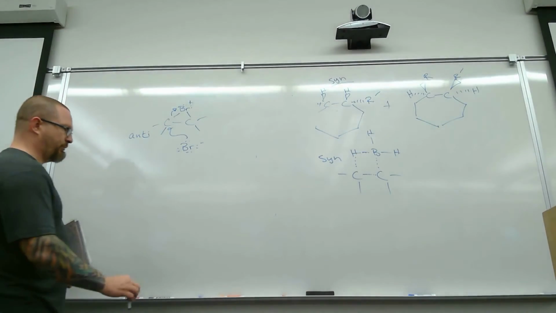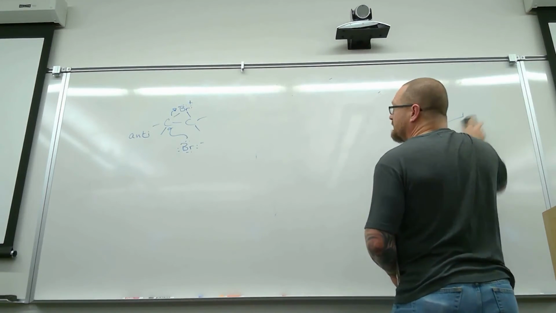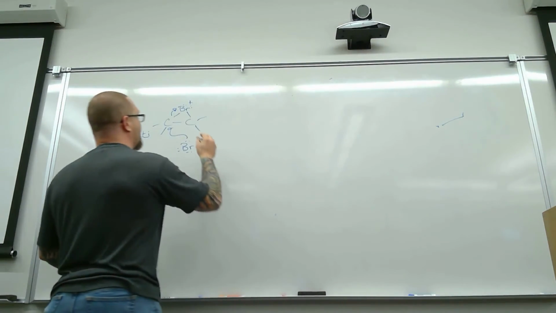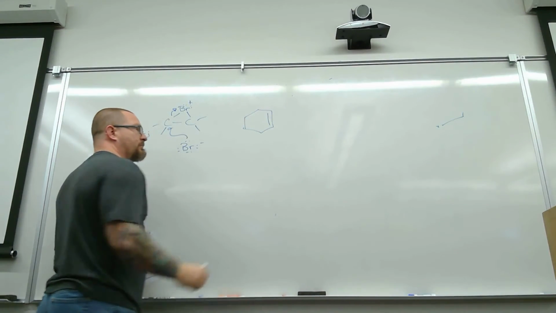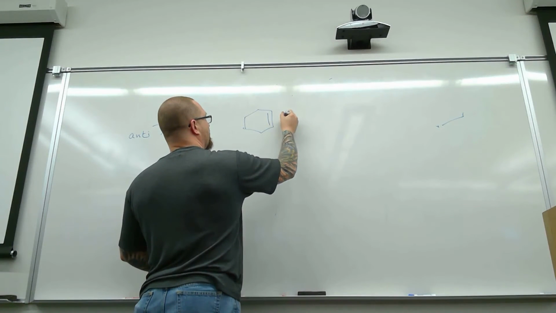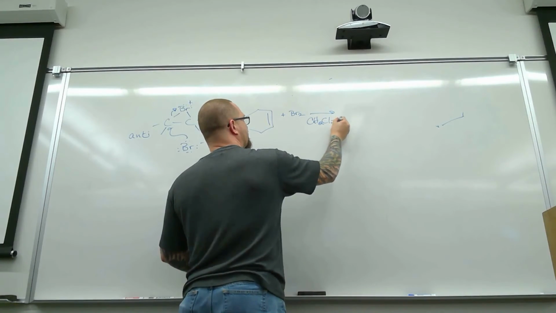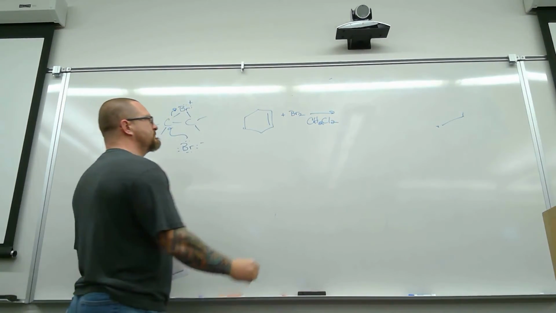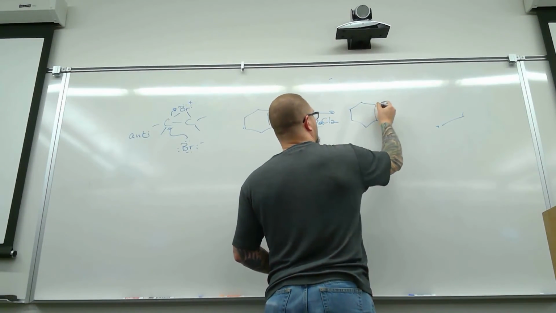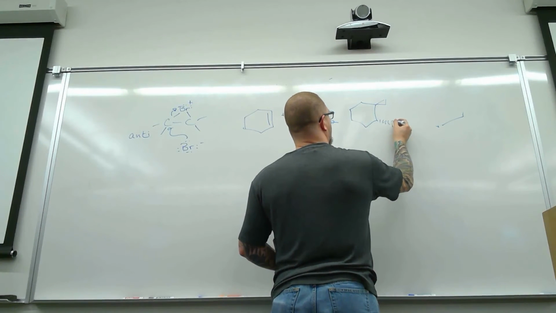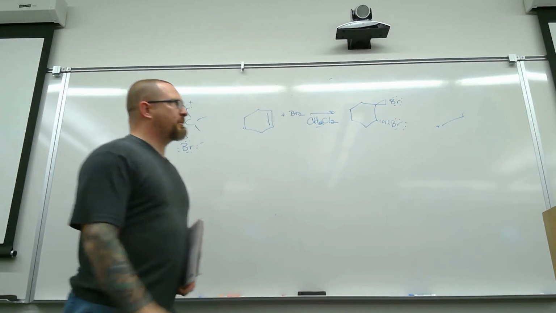So if we have to predict the stereochemistry of this product, and it's not able to freely rotate as a product because we have some ring, let's say cyclohexene, and we do this reaction, and we have our inert solvent. That's going to be our product.